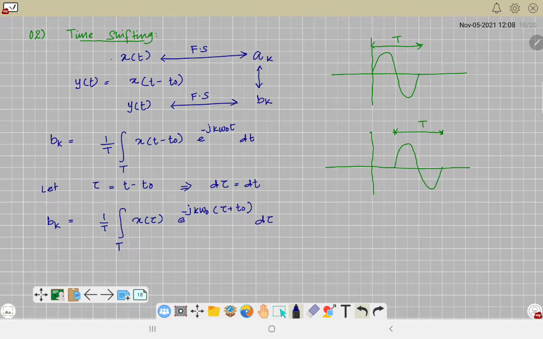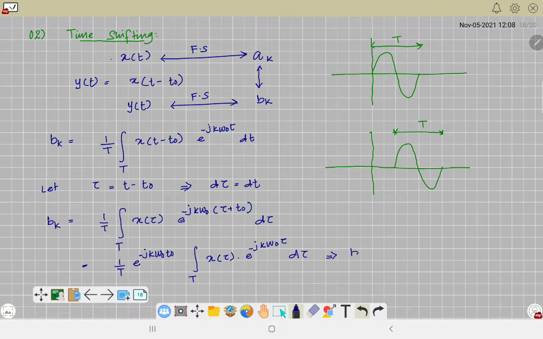Then I can do some mathematical manipulations. 1 by T stays as it is. I will take the constant term outside, e raised power minus jk omega naught t naught, and internally my integral will be over the time period T x of tau e raised power minus jk omega naught tau d tau, okay?